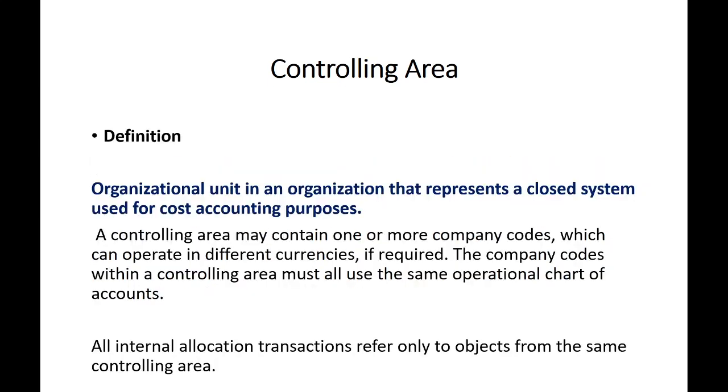As it's written as well, all internal allocation transactions refer to objects from the same controlling area. It means that whenever you need to transfer or allocate the cost of any product or material, if you have entered that material in the controlling area of a company, for example, the Karachi manufacturing unit, it will show you the same products in material management that you have entered for the Karachi production area.